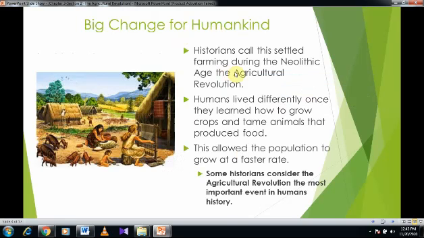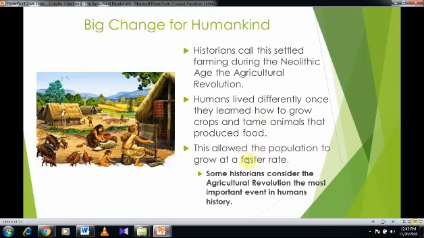Historians call the settled farming, the new Neolithic age, the agricultural revolution. Humans lived differently once they learned how to grow crops and to tame animals. They no longer had to stay in big groups of 20s and 30s. Each group started to get separated according to how they wanted to live and the crops they wanted to grow and the animals they wanted to tame.